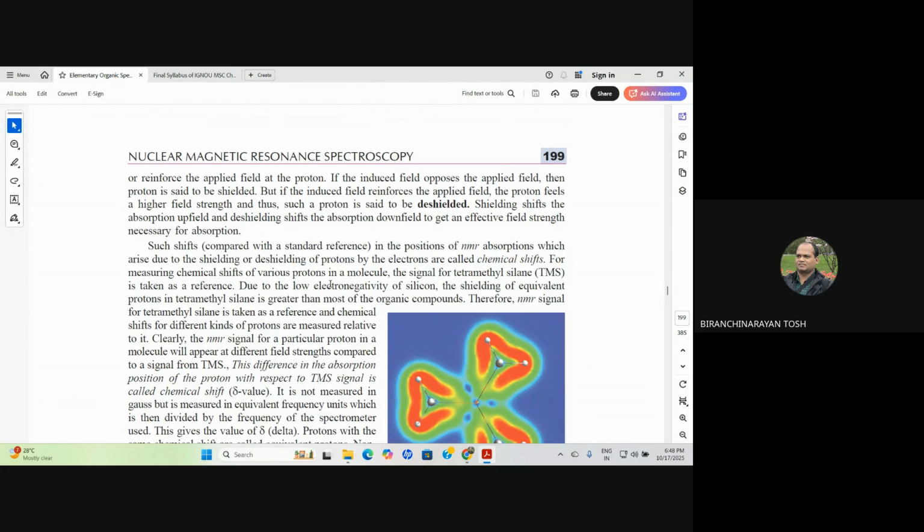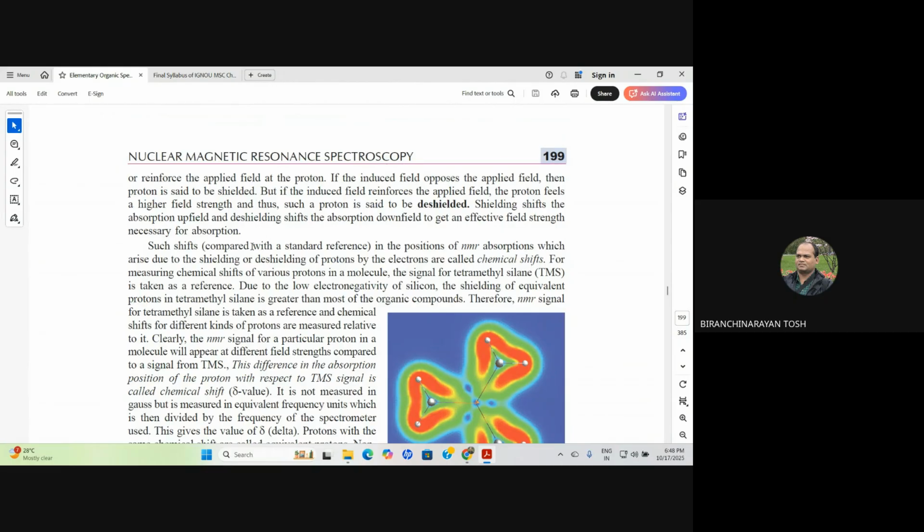Such shifts are compared with a standard reference, meaning something with an equivalent type of proton. We will see what the references are. The shift in the position of NMR absorption, which arises due to shielding or de-shielding of protons by electrons, is called chemical shift.